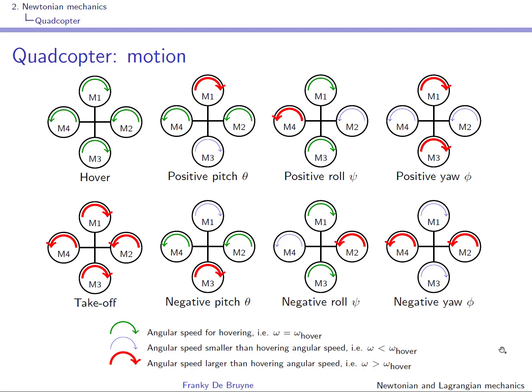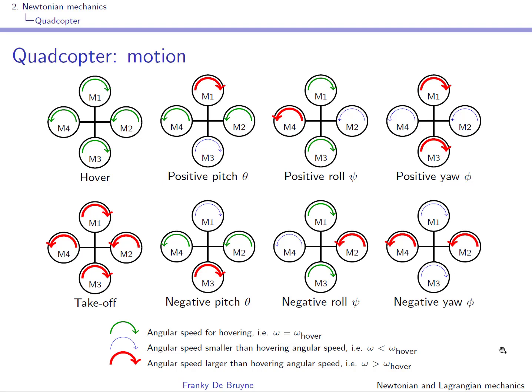So now you can have a look at pitch control, and we have already discussed this in the previous slide. Pitch control is about changing the speed of rotors 1 and 3, and we have seen previously that if motor 1 is spinning faster, you have a positive pitch. If it's motor 3 that is spinning faster, you have a negative pitch. We have seen also that the roll is influenced by motors 2 and 4.